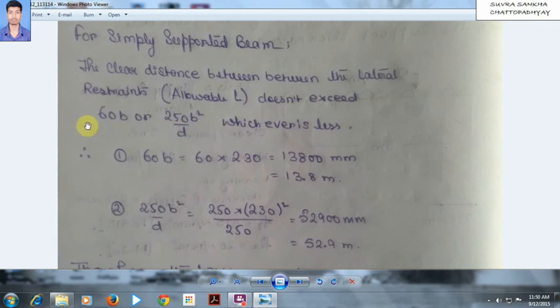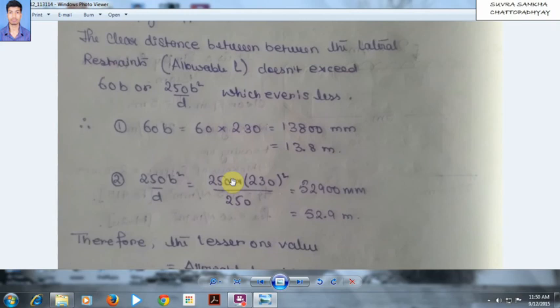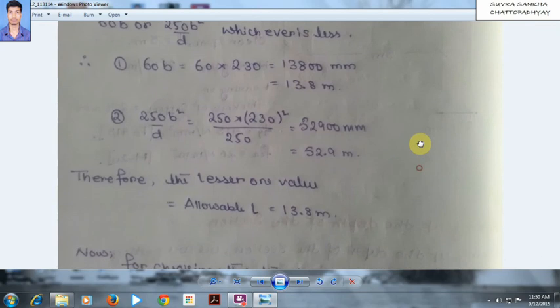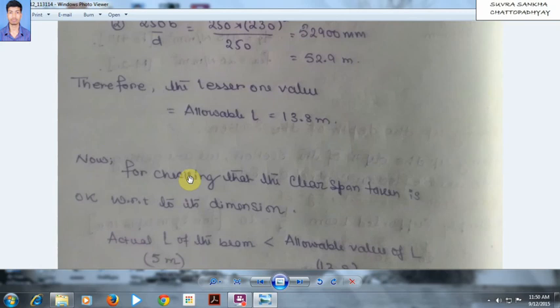First, 60b gives 13.8 meter, and 250b square by d gives 52.9 meter. Therefore the lesser value, 13.8 meter, is the allowable L.